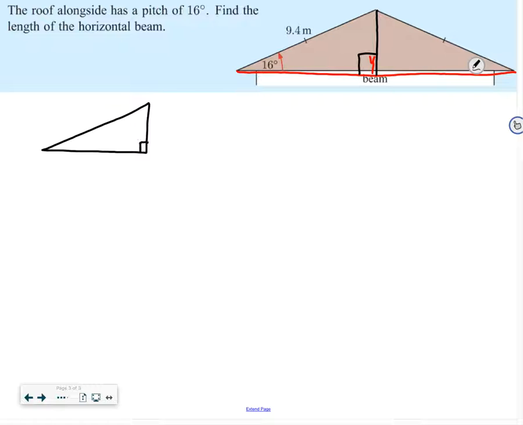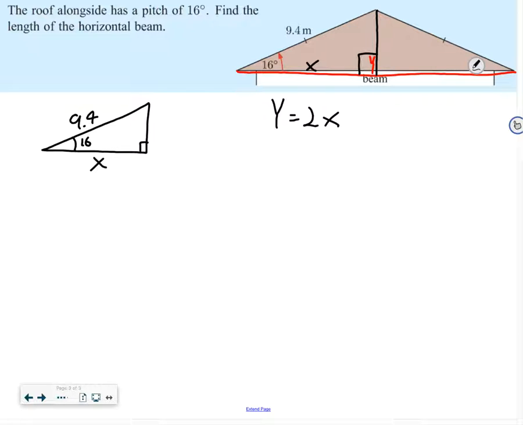If all the way across is y, I'm going to call this x, and I'm going to recognize that y is equal to 2x. So to find my actual distance of the beam, I'm going to have to double what I find in this triangle. I'm going to label my angle that I know, this is 16, and the side that I know, 9.4.